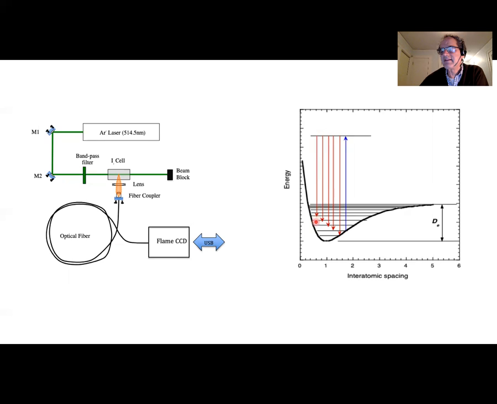So we expect to see a series of bright lines, or fluorescence lines, in the spectrum, emission lines. And they'll correspond to transitions from this excited state to each of these vibrational states, okay? What's neat about this is that if we measure the separation between the emission lines, that's just measuring the separation between the vibrational energy states. Okay?